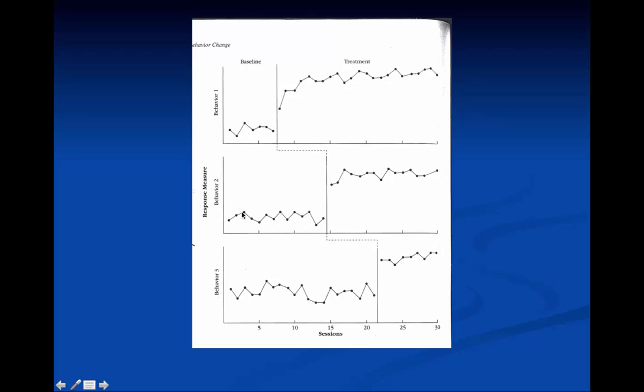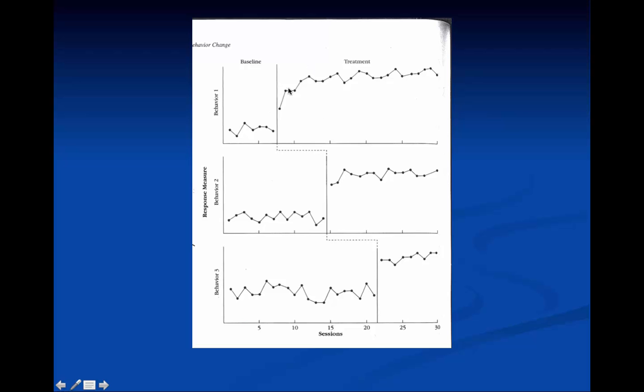This might be math, this could be spelling, this could be reading, and this is the level that the individual, this is one individual, is at before intervention. Here is the intervention, which is the same across all three. And wow, quick, big increases in the intervention for the first A-B replication.